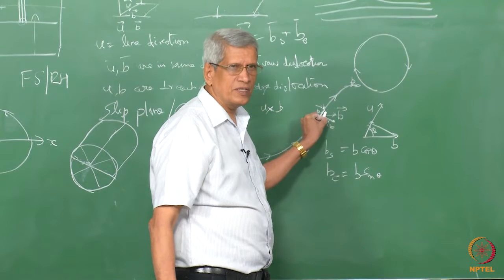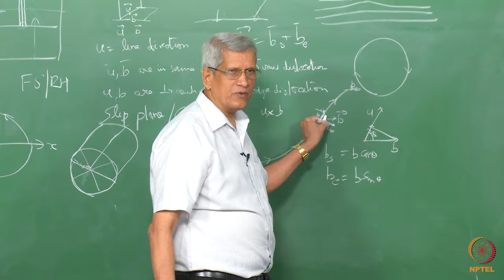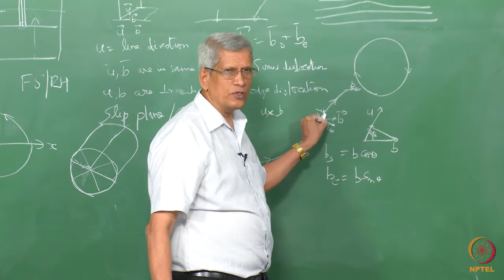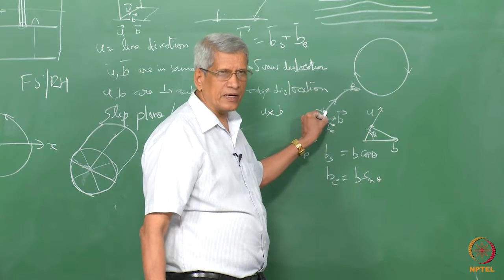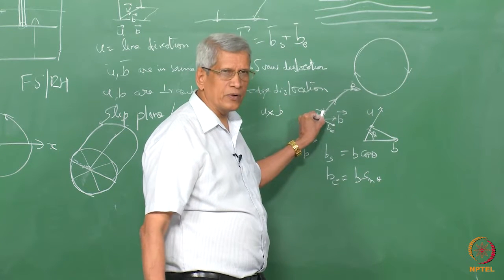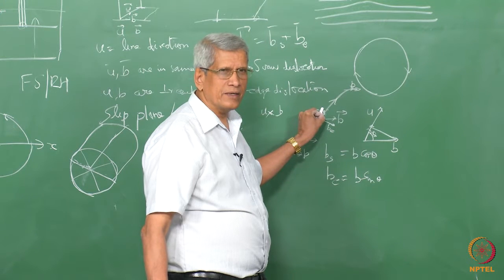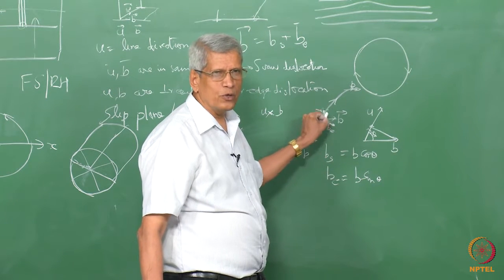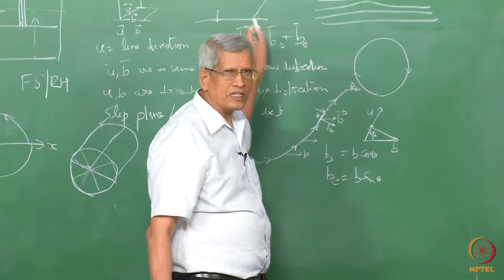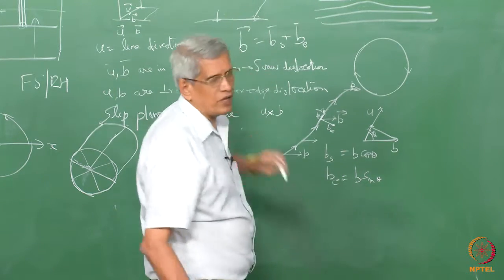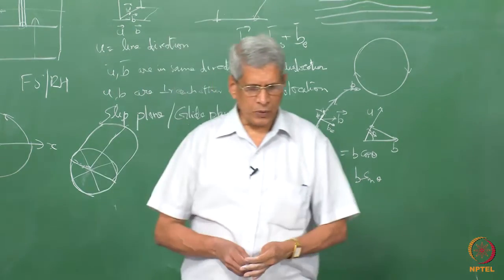What is the component which is going to be there is b dot u, where u is a unit vector in the line direction. That gives the value. That multiplied by the unit vector in that direction will give you a vector, right? So that is how you define it.